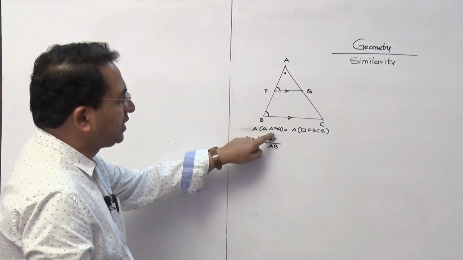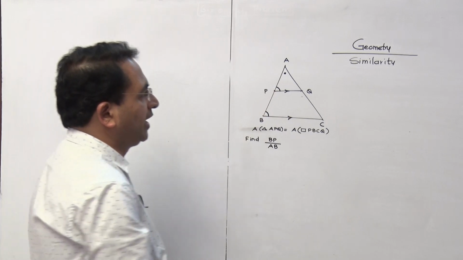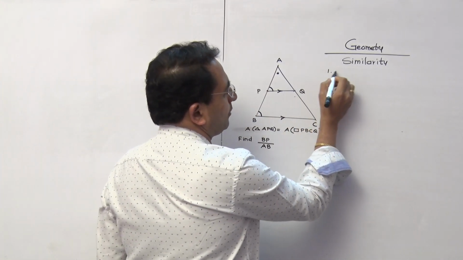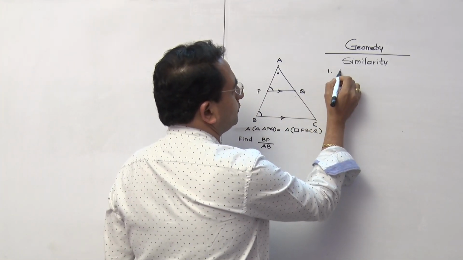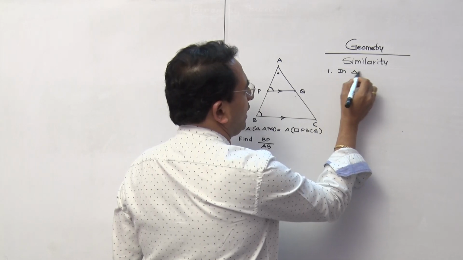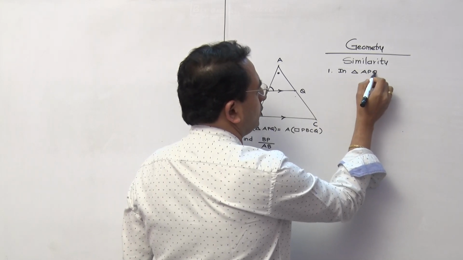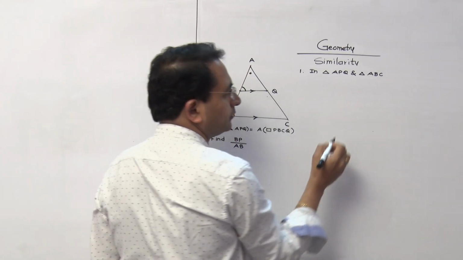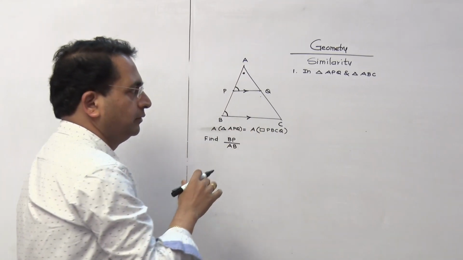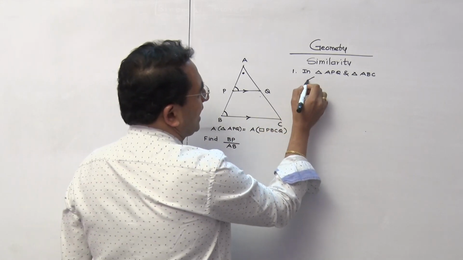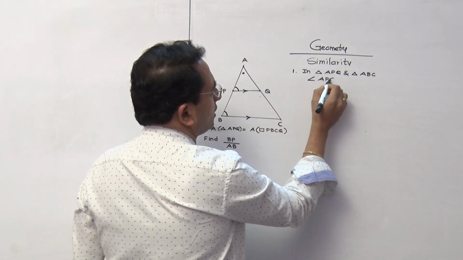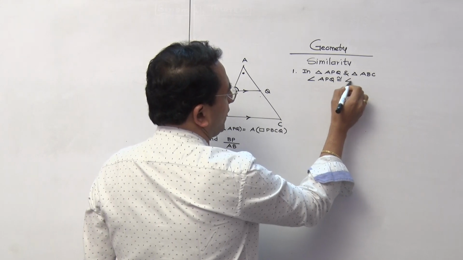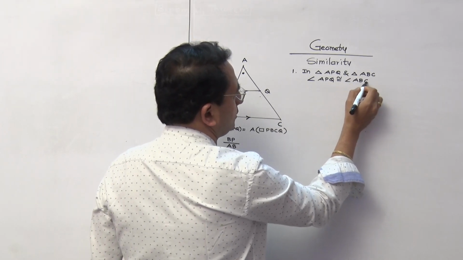So APQ is given to you, no? So I am going to try it this way. I am going to write it like this. In triangle APQ and triangle ABC, now I will prove it. Angle APQ is congruent to angle ABC.